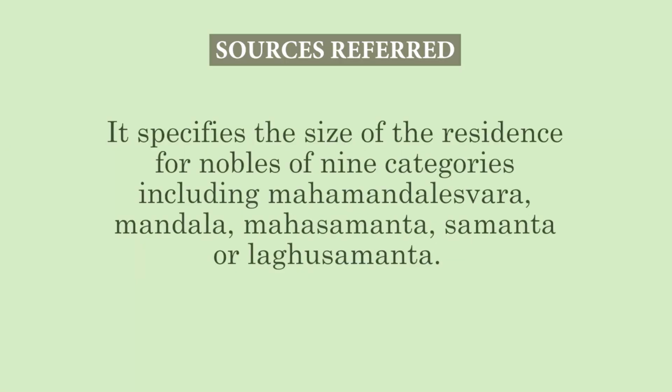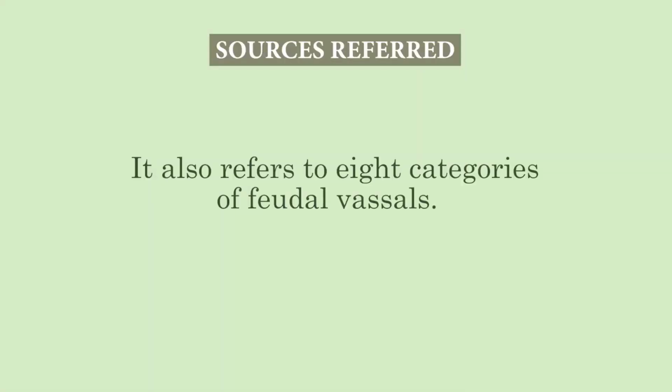It specifies the size of the residence of nobles of 9 categories, including Mahamandaleshwara, Mandaleshwara, Mahasamanta, Samanta, Laghu Samanta, and so on. It also refers to 8 categories of feudal vassals.